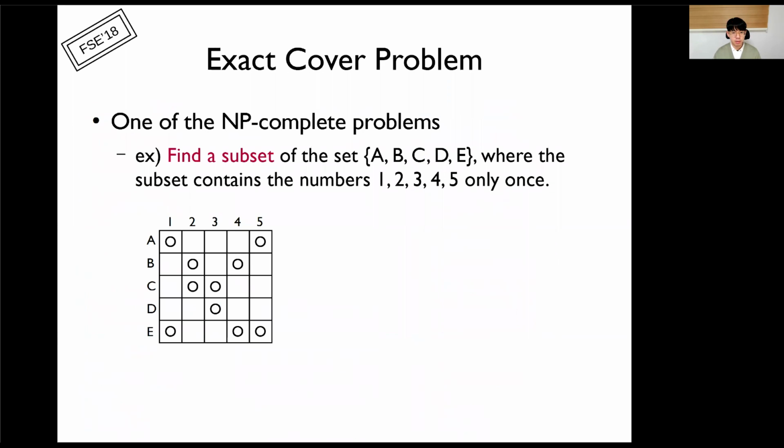Okay, the exact cover problem is one of the well-known NP-complete problems. Using this example below, solving the exact cover problem corresponds to finding a subset of the set with A, B, C, D, E, where the subset contains the numbers 1, 2, 3, 4, 5 only once.